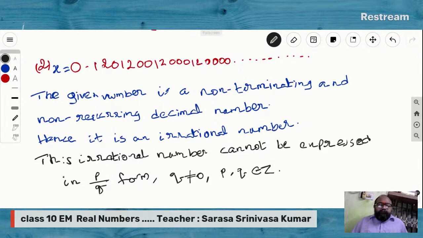So there is no question of how the denominator q can be expressed, because we cannot express the given irrational number in p by q form. The given number is a non-terminating and non-recurring decimal number.